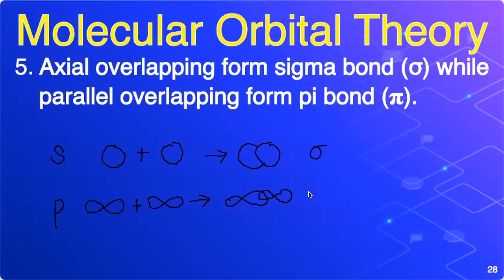So this one is a sigma bond. We also have two pi bonds because the other two are in the parallel overlapping or the parallel orientation.